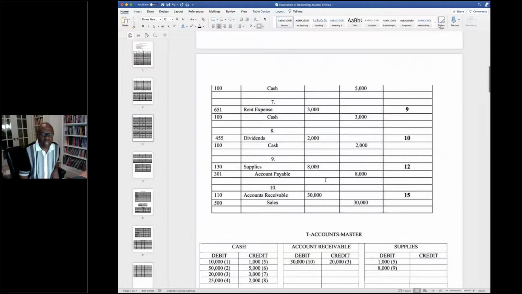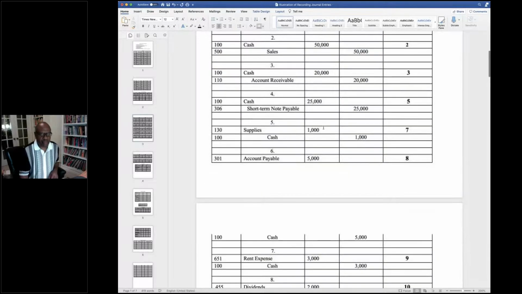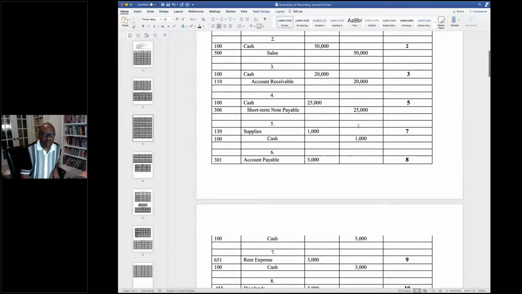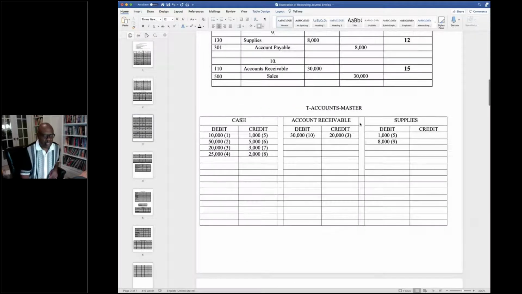So we have now posted to the ledger the journal entries. If it was a debit in the journal entry, it was a debit in the T account. If it was a credit in the journal entry, it was a credit in the T account, with our goal of determining how much was in each account. So that was our goal. We wanted to determine how much cash do we have on hand.